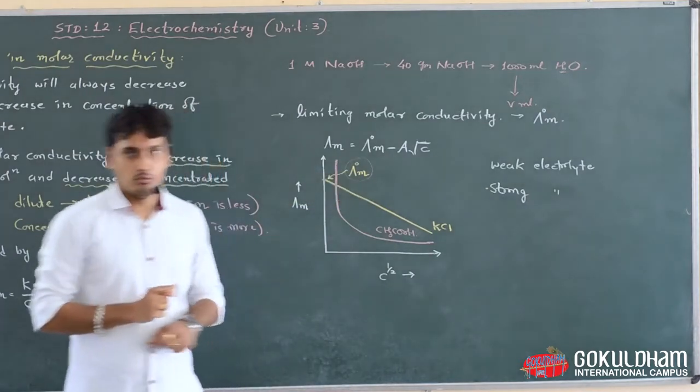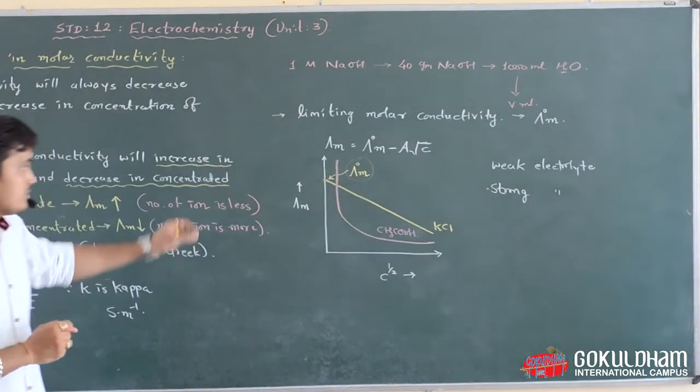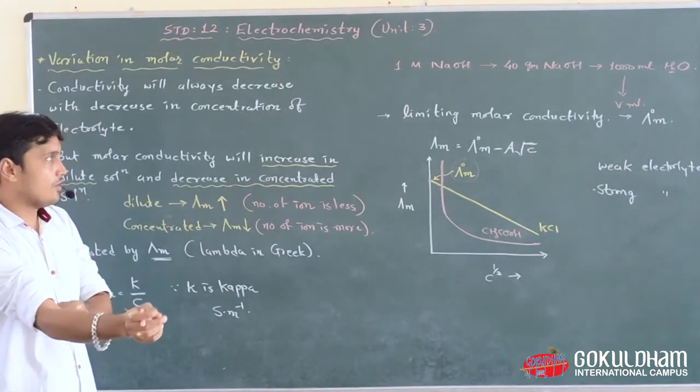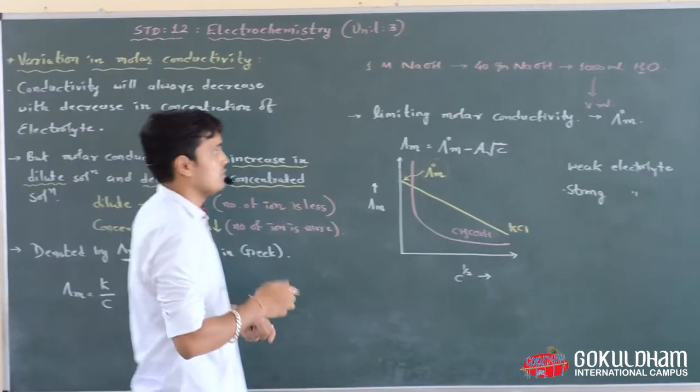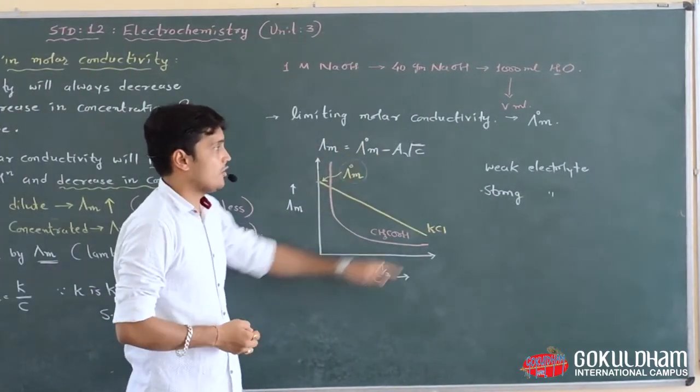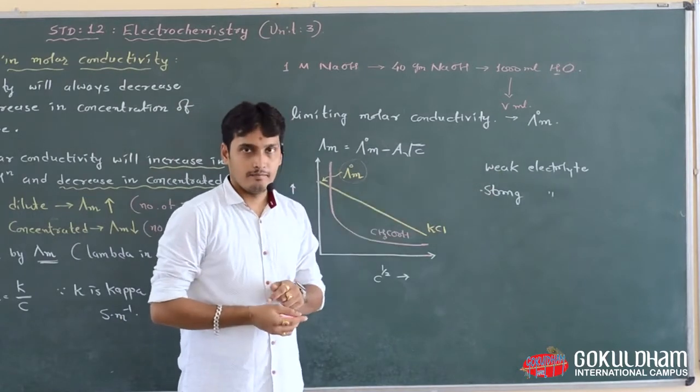Then what should we do? The scientist named Kohlrausch found the rule to calculate the lambda 0 m of a weak electrolyte.